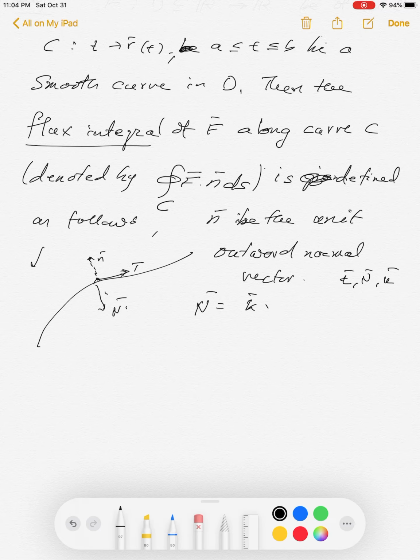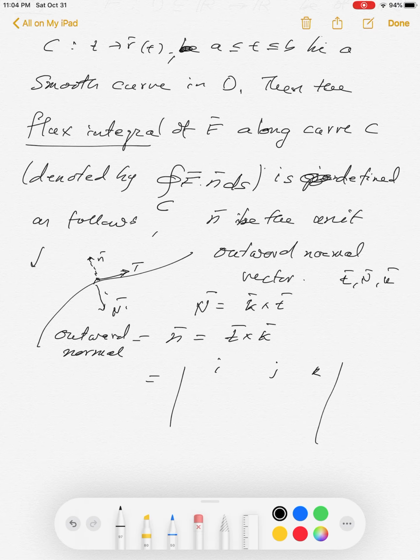We are in 2D, so you have T bar, N bar and K bar. This forms a principal triad. So you know that K bar cross T bar is N bar. So little n bar, the outward normal, is going to be T bar cross K bar. And if you write this down, this is going to be i j k.